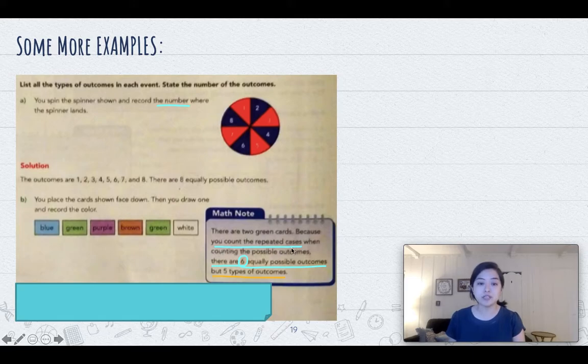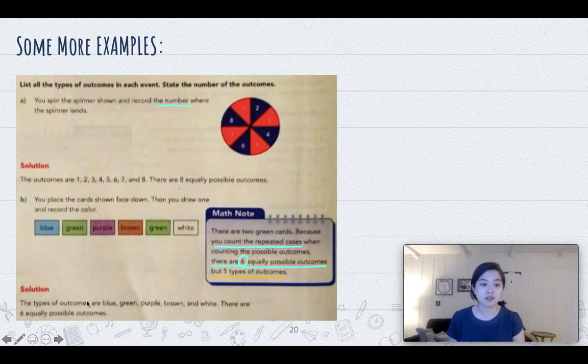You count the repeated cases when counting the possible outcomes. And so there are 1, 2, 3, 4, 5, 6 equally possible outcomes, but only 5 types of outcomes. Okay? So the types of outcomes are blue, green, purple, brown, and white. There are 6 equally possible outcomes.